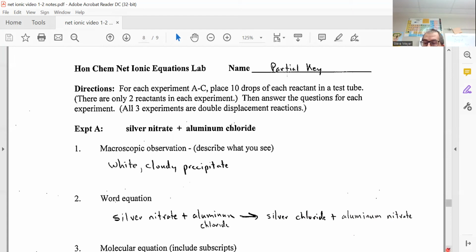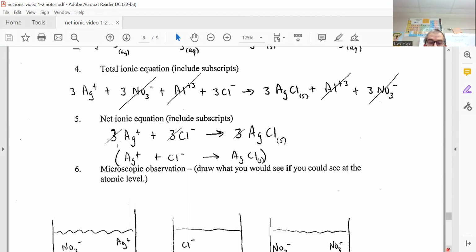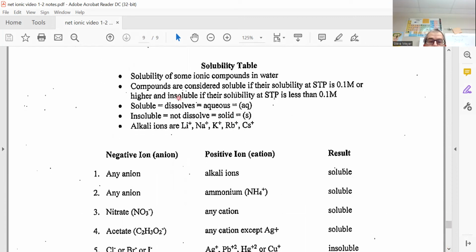So I'm going to look at some rules for solubility tables. Here are the solubilities of some compounds. Here's a key phrase: if something is soluble, it dissolves, and it's going to be called aqueous.